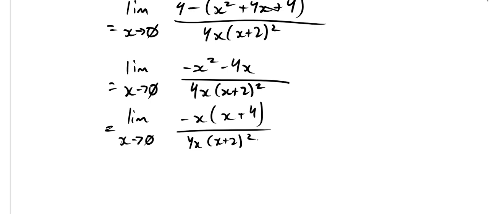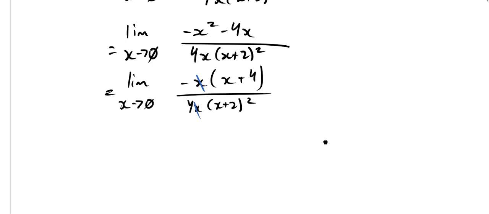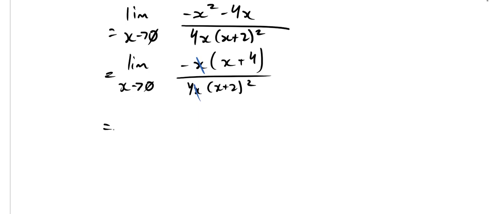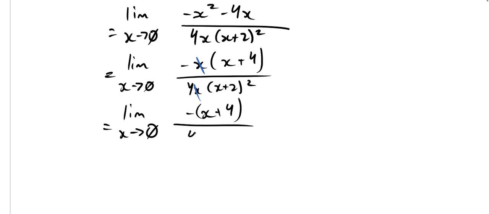I chose to factor out the negative. You don't have to. It really won't make a difference. But here we go. This is what we were working towards. And now I've got my x's. There's the hole in the graph. So remove the hole, peek at what's happening behind it. And now I can sub in.